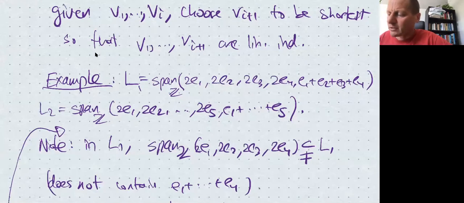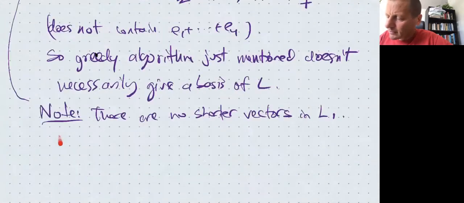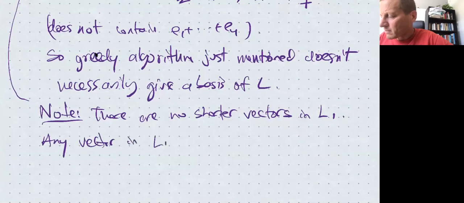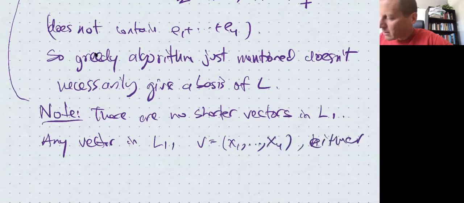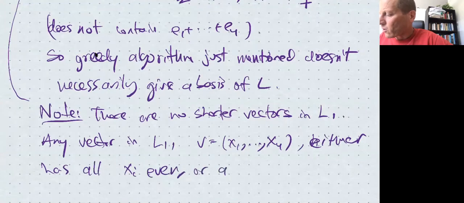So any vector in L1 has either all xi even or all xi odd, right?